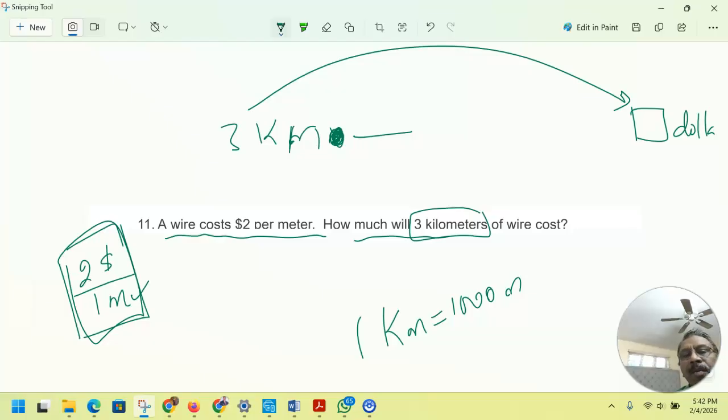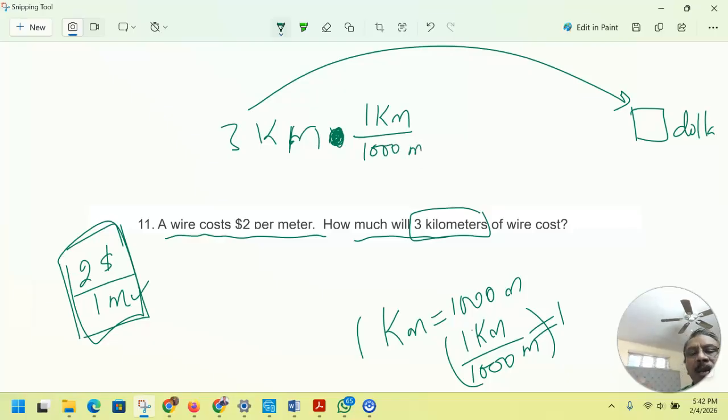So I'm going to use 1 kilometer up and divide by 1,000 meters. Oh, sorry. Because this kilometers is up here, this will not help. So let's write the ratio.